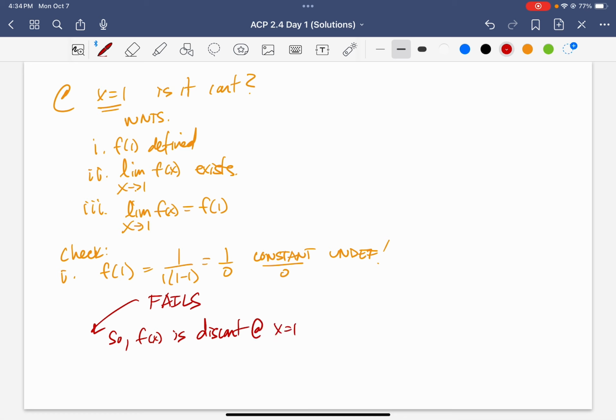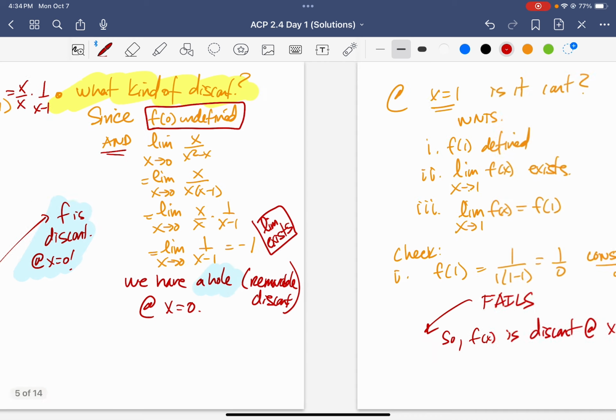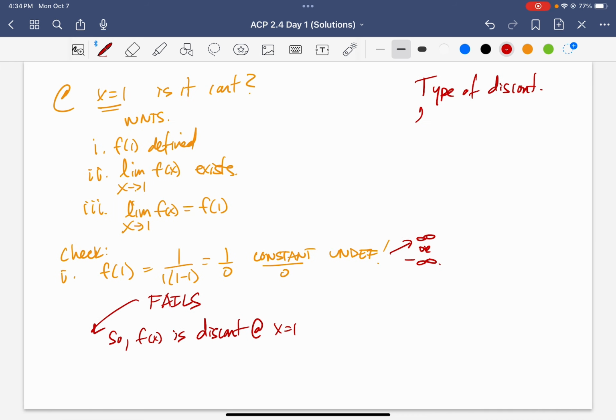But notice, this is telling us that we either have infinity or negative infinity. So the type of discontinuity, we're now thinking that it's probably an infinite discontinuity. And we can see that if we looked at the original, this is telling you have a hole at 0, and this is telling you you have a vertical asymptote. And so if we take the limit as x goes towards 1 from the left of x over x times x minus 1, what's something to the left?